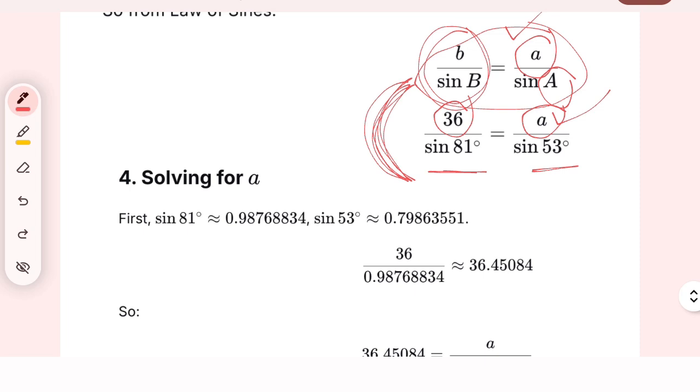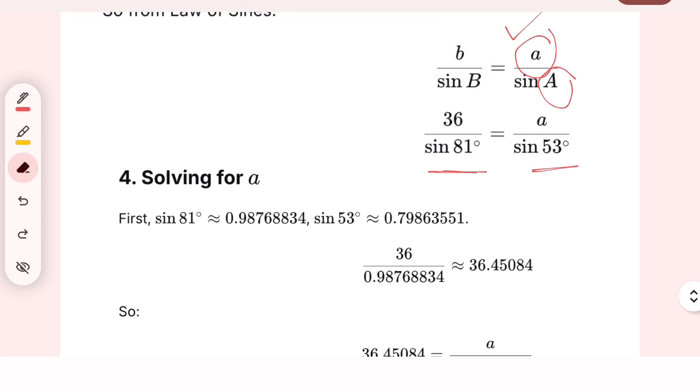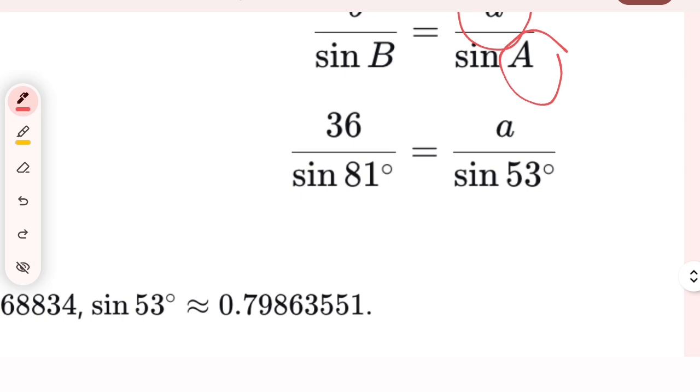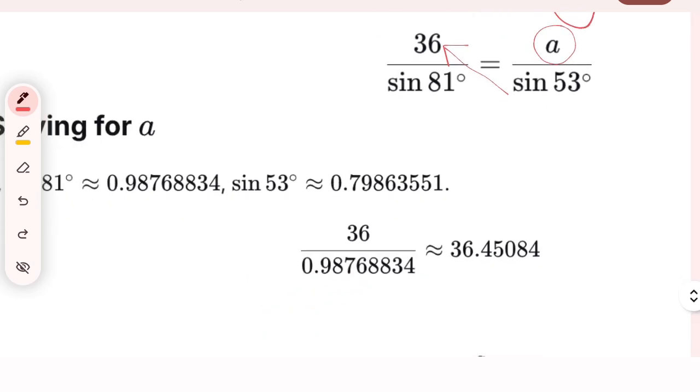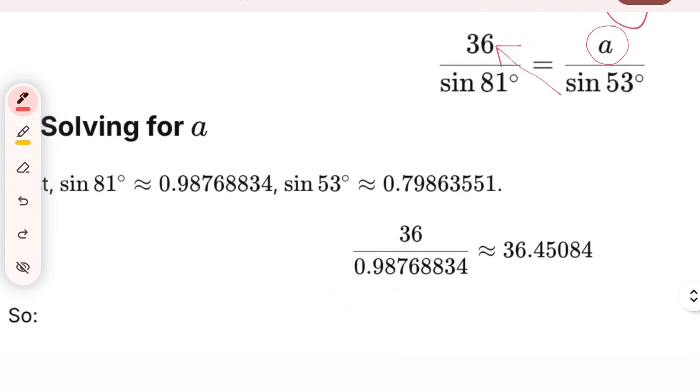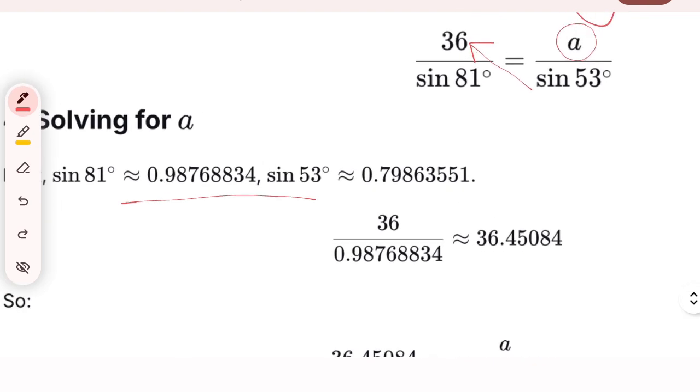I hope you know how to simplify this. It's very easy. You just have to remember, this is what we want to solve. Cross multiply this one here and divide it by sine 81. So that is what's happening here. Look at that. You multiply sine 53 to the other side, and then you can solve for a, right?